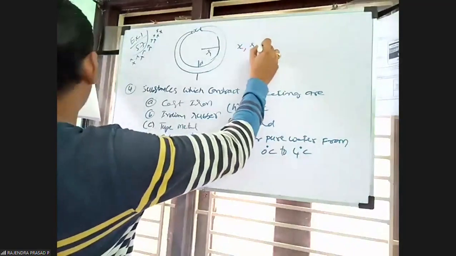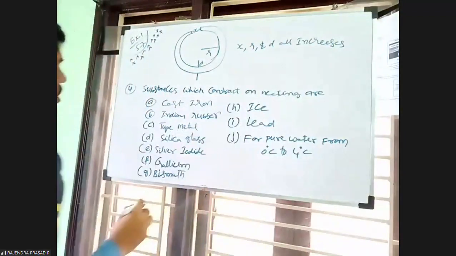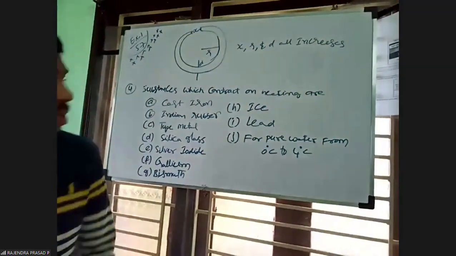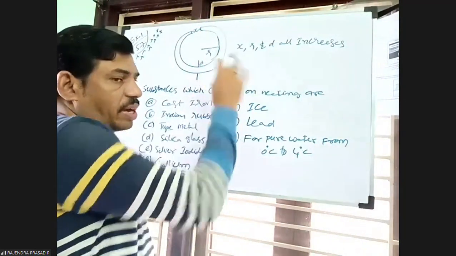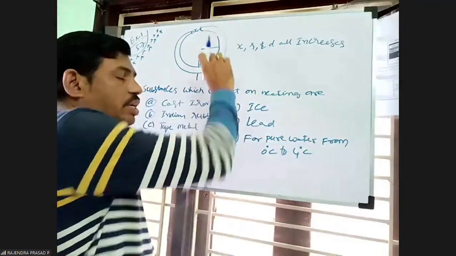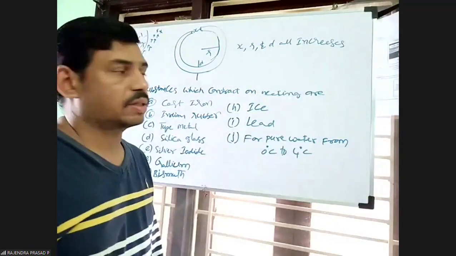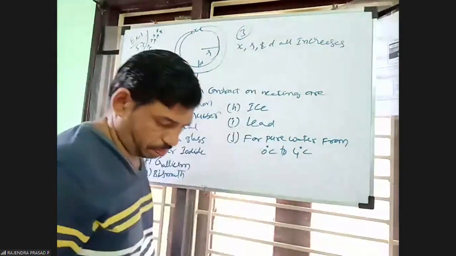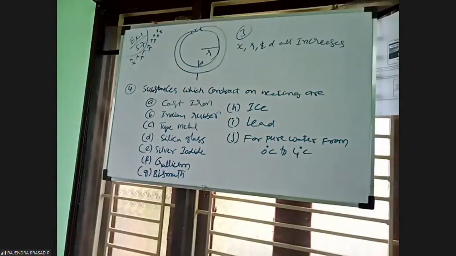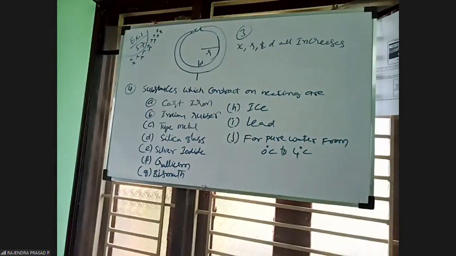So X, R and D all increase. Even the gap, the hollow part where air is removed, also expands, so it is easy for it to expand. Option 3 is correct.